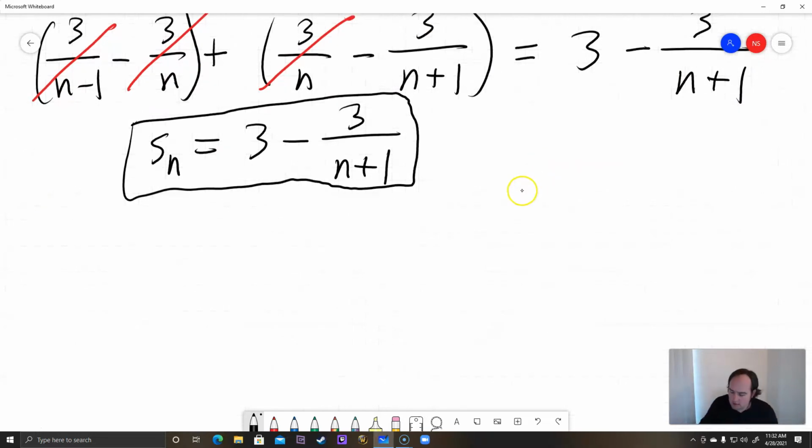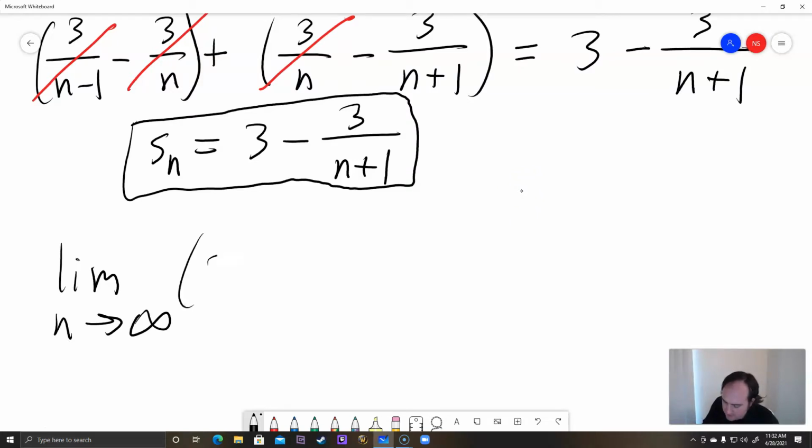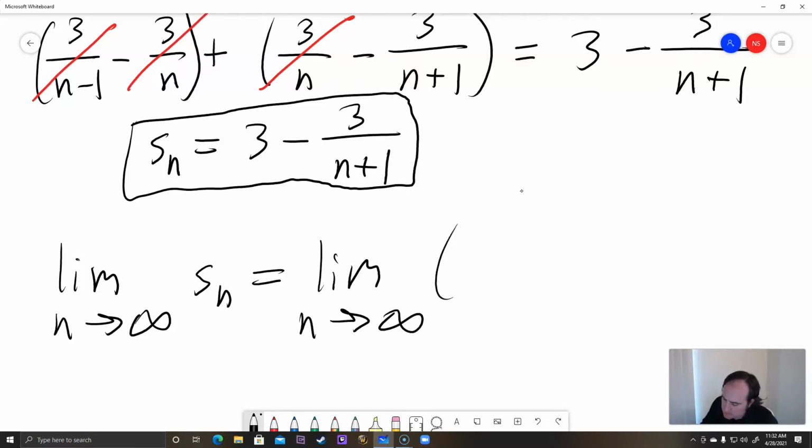So we take the limit as n goes to infinity of s sub n, the nth partial sum, and that's going to be the limit as n goes to infinity of 3 minus 3 over n plus 1.